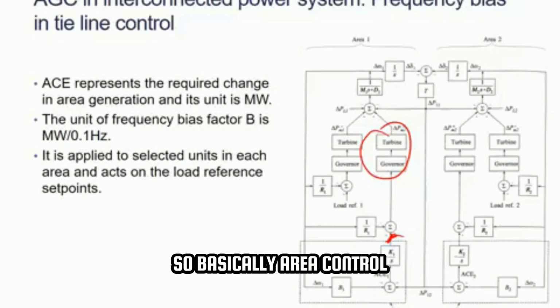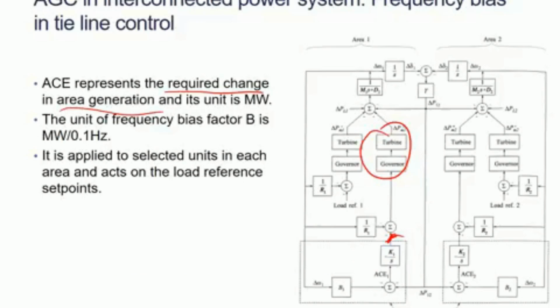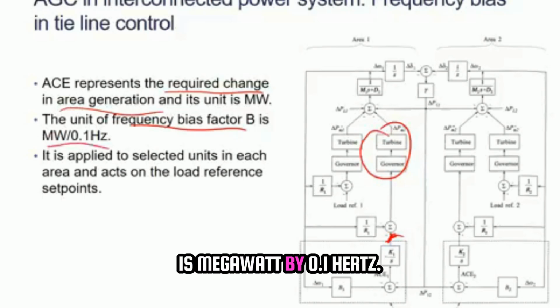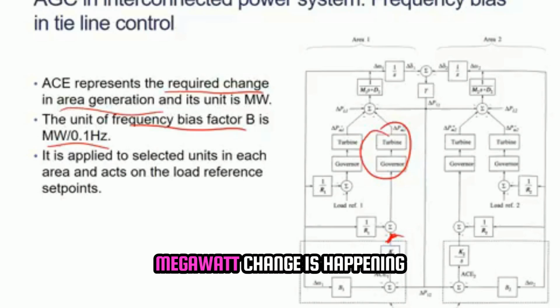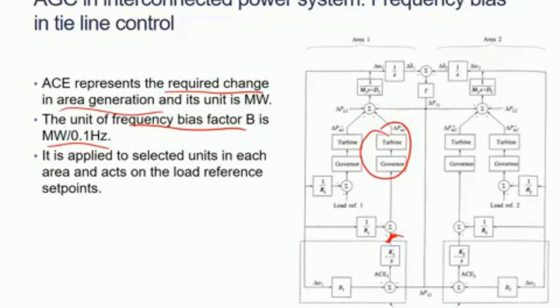So basically, area control error represents the change in area generation. It is mentioned in megawatt. The unit of this bias factor is megawatt by 0.1 hertz, because you want to see how much megawatt change is happening with a change in frequency of 0.1 hertz.